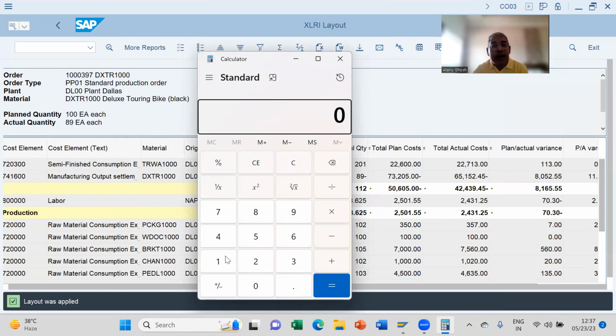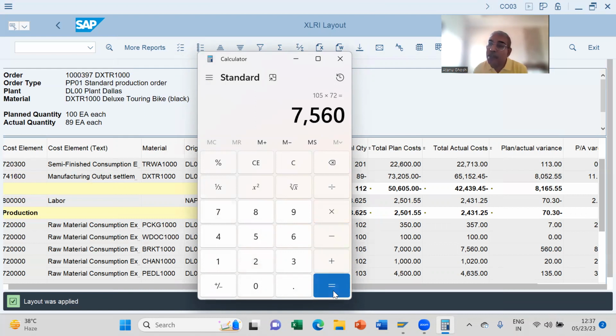But now 105 will be multiplied by 72. 72 is the current moving average price of PRK to get the actual cost. So the actual cost will be calculated based on the current moving average price of PRK, whereas the planned cost will be calculated on the cost that was considered prudent for BRKT at the time of standard cost estimate.